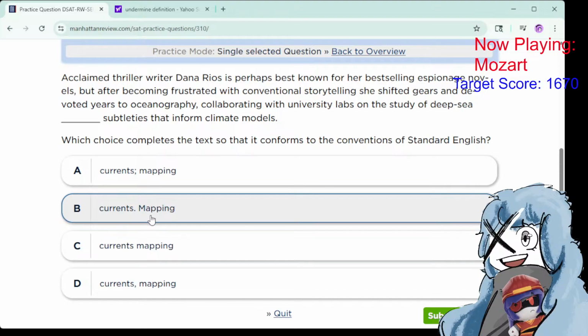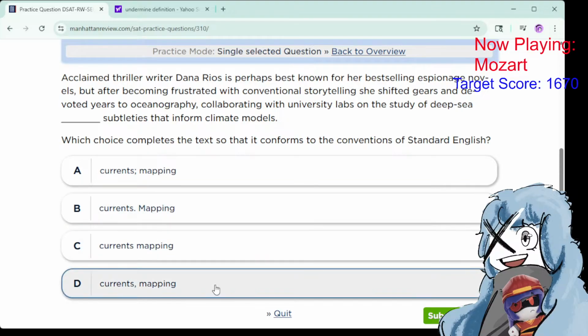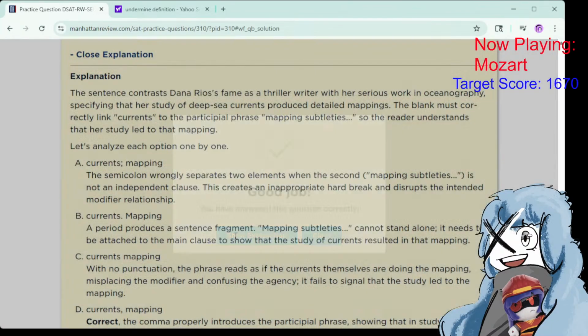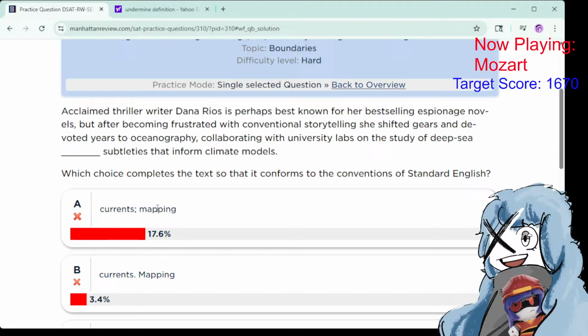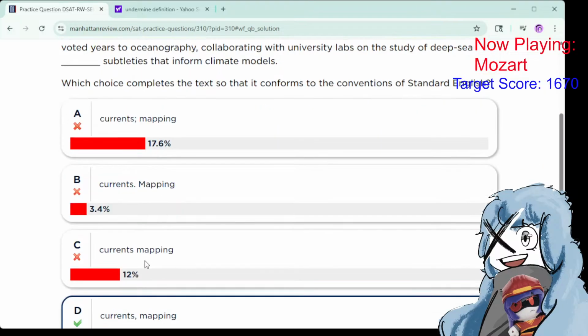It's not mapping. This one. Yeah, see, it's not this one because this requires a full independent class, which mapping subtleties that inform heavy metals is not an independent class. And period also requires an independent class. Does not.